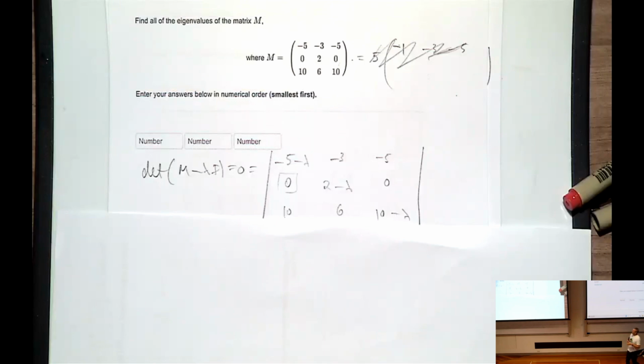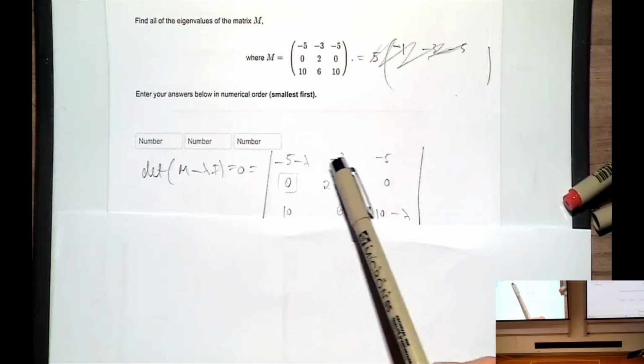Believe it or not, think back to Math 131 when we were doing matrices. You can expand a determinant along the middle row. The way I usually show you determinants is, you start up here and you work your way there.